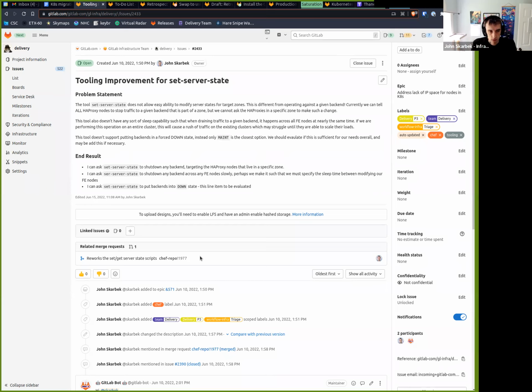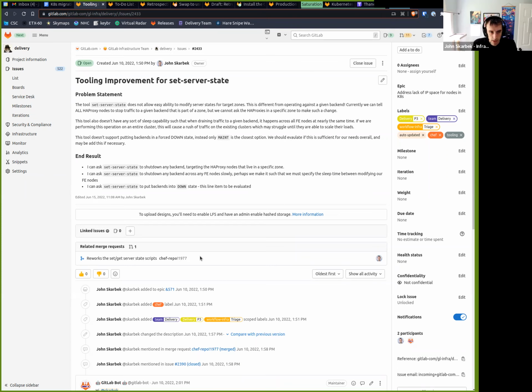The other improvement I would like to introduce is to make these changes slowly. Right now, this script operates against pretty much all the FE nodes all at the same time. That's going to be dangerous because with one third of all traffic, and in certain web requests we're getting 93 million requests per 15 minutes, that load is going to shift to the other two clusters very abruptly, and they may struggle for the first 5 minutes while the HPAs start to ramp up and scale the pods as necessary.